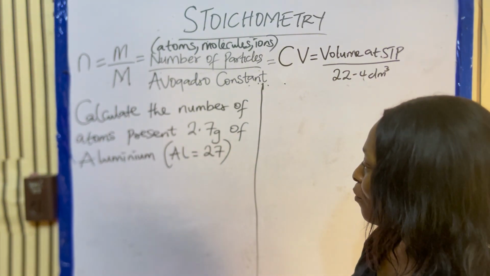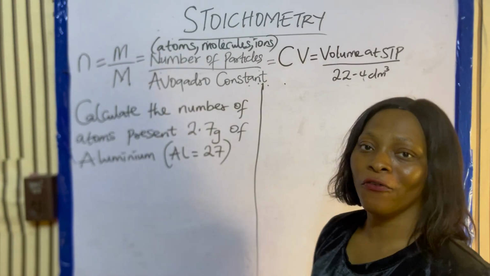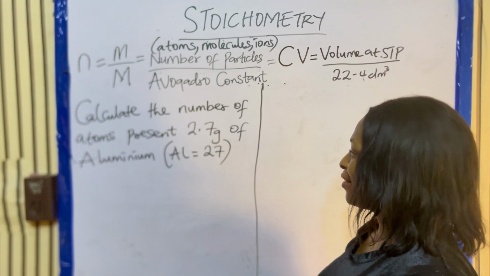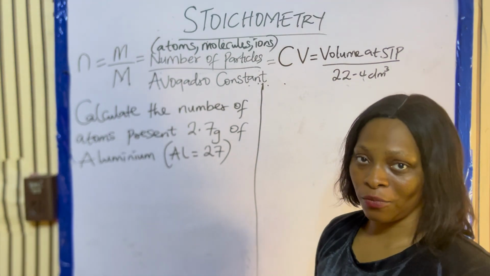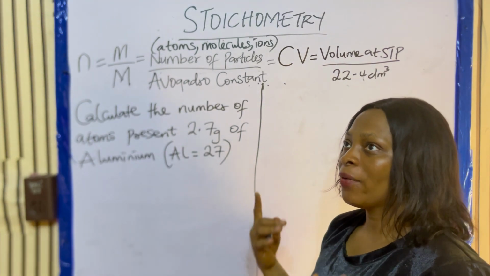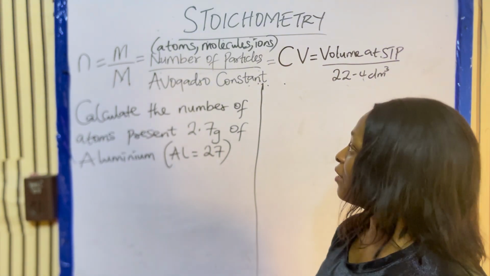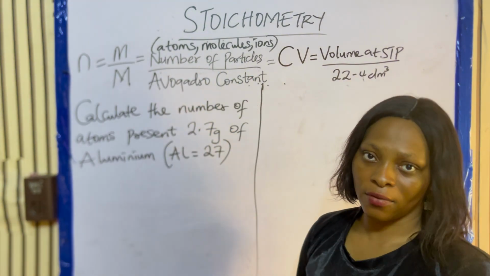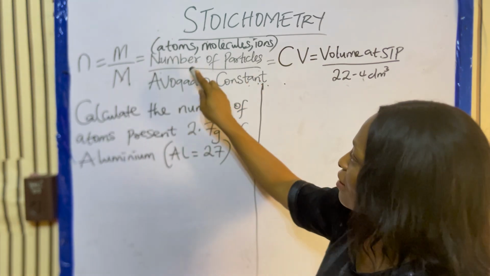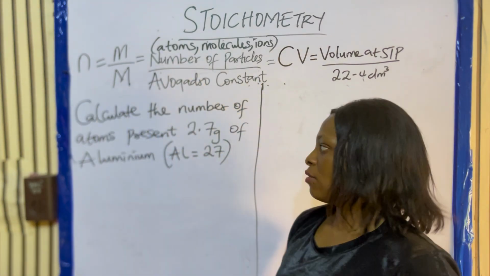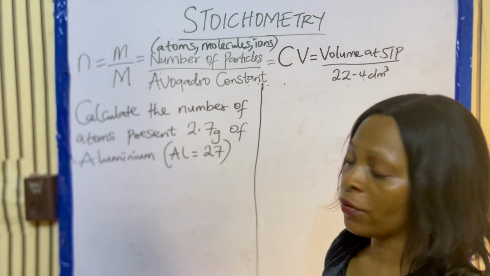Okay, so let's look at this question. Calculate the number of atoms present in 2.7 gram of aluminium. All right, so we are asked to find the number of atoms. Once you hear find the number of atoms, molecules, or ions, that means you are asked to calculate the number of particles. So the first thing to do is to find the number of moles.